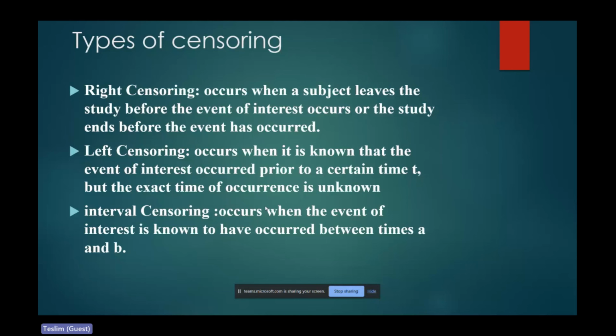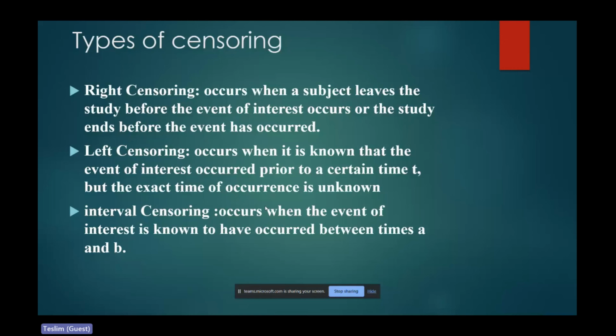The one I just explained is the interval censoring. The event occurs within an interval. At age 20, you tested negative for HIV, but at age 30, you tested positive. Interval censoring occurs when an event of interest is known to have occurred between time A and time B.